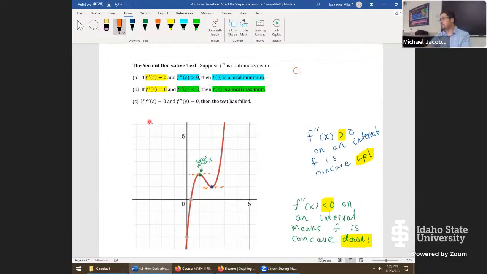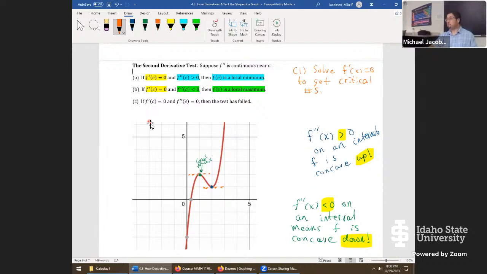The very first thing you do is solve f prime of x equals 0 to get critical numbers.